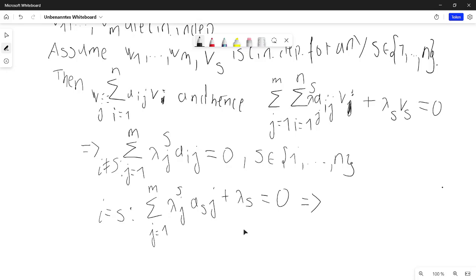Now, if all of them are linearly dependent, really, and you just have that, right?